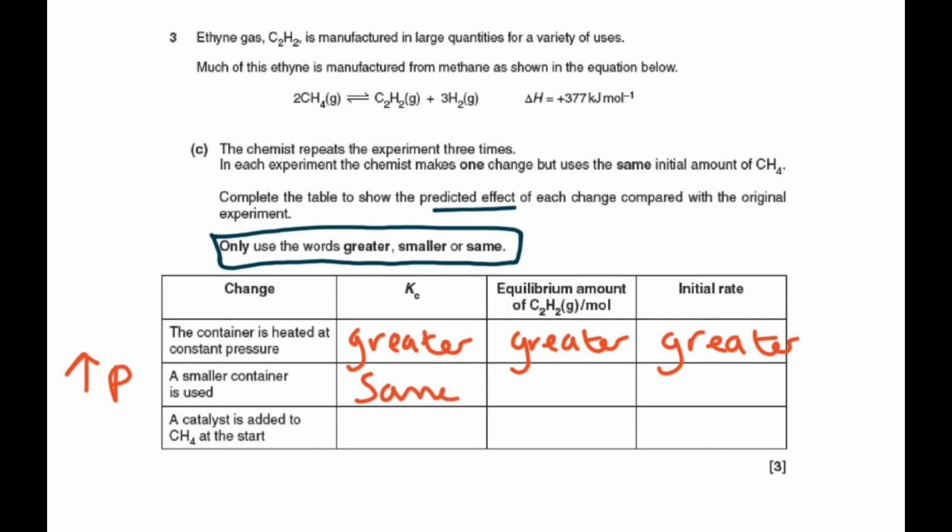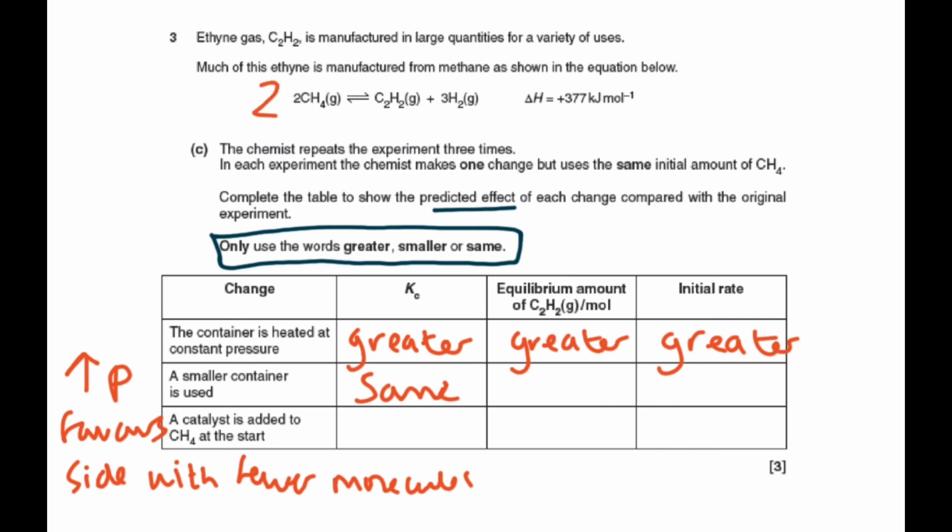But the position of equilibrium will move. Increased pressure favors the side with fewer molecules. So there are 2 molecules here, and in total there are 4 molecules on the right hand side.